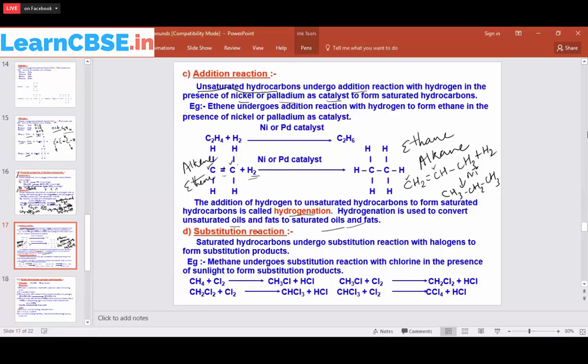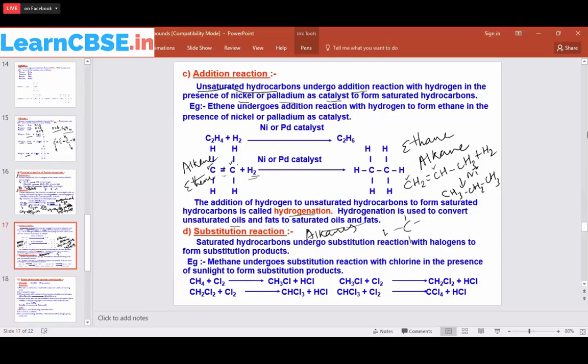Next one is the substitution reaction. Usually the saturated hydrocarbons, the alkanes, will undergo this reaction. Why will the alkanes undergo substitution? Why not the addition reaction? Because alkanes are already saturated with four different atoms.